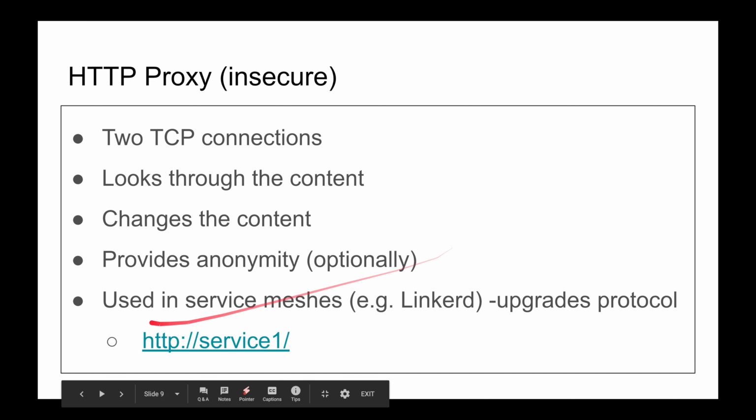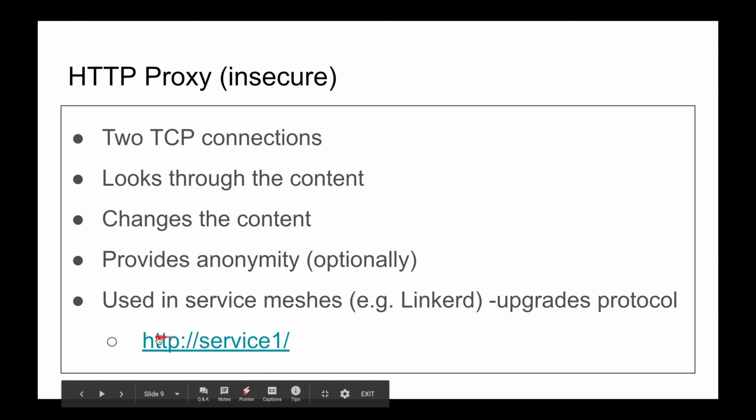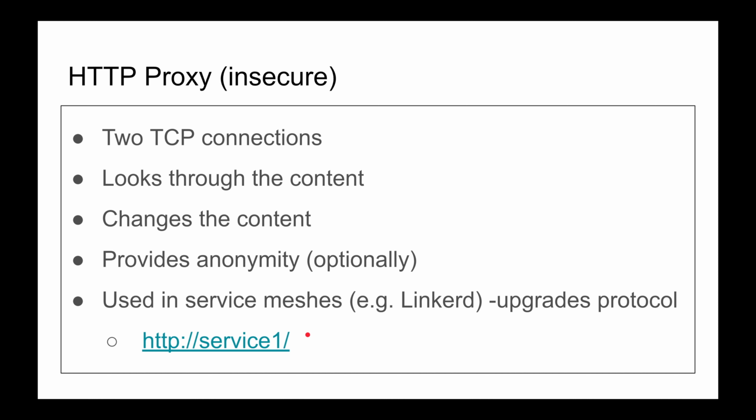And it is used in service meshes. I like to add that because what Linkerd had done smartly is they use a proxy server, an HTTP proxy server, and they make you make requests like that, HTTP service 1. And service 1 is not a machine. It's not a DNS. It doesn't exist. But they ingest that because you're going to send it to the proxy.